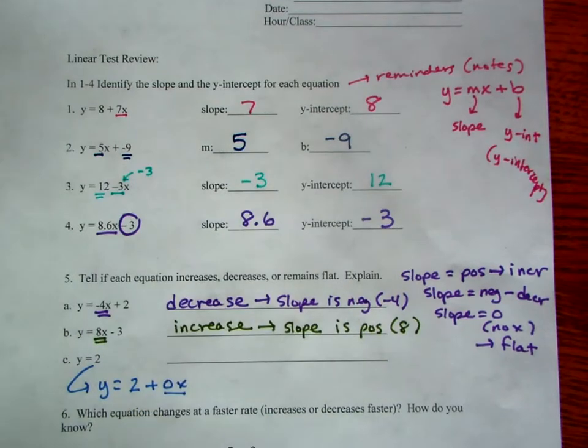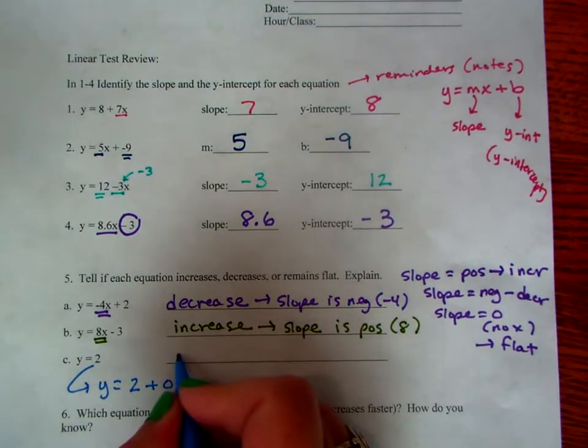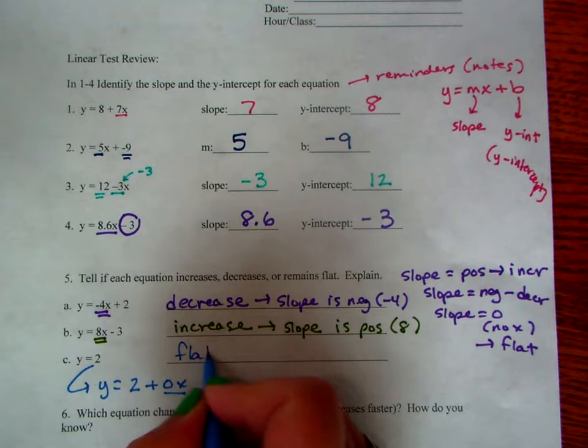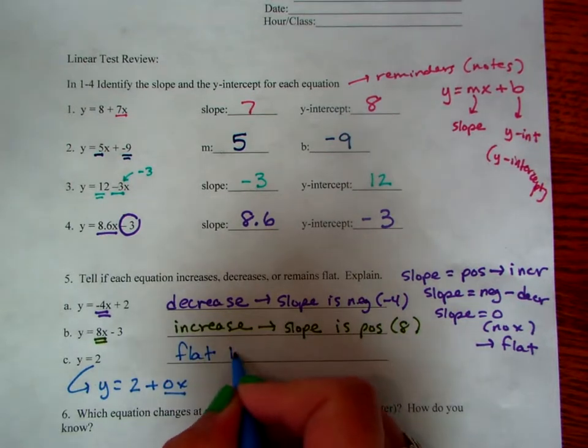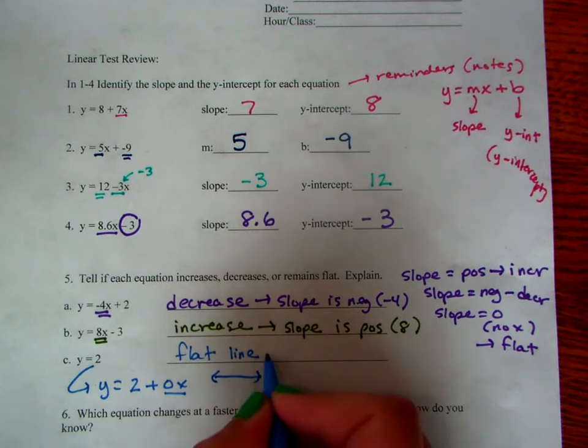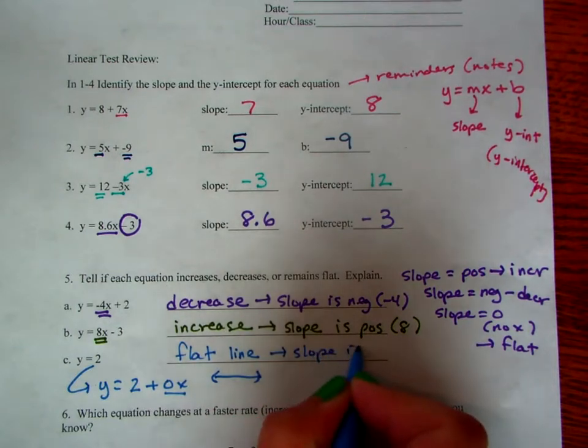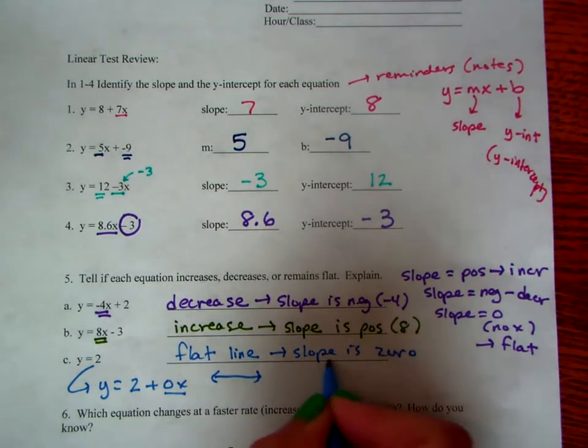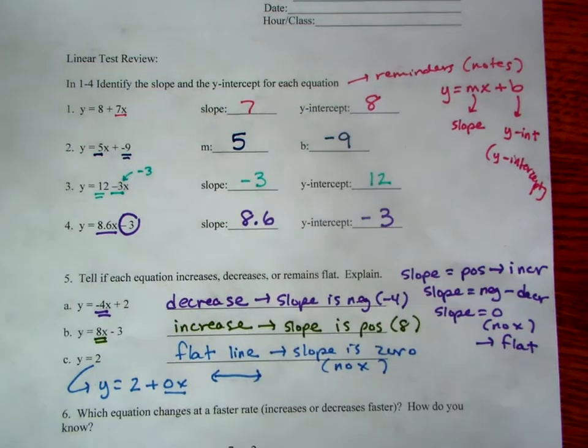So it's not that there's no slope, the slope is 0, so it's a flat situation. Flat line, kind of like that. That's the kind of line it is because the slope is 0, or you could say you don't see an x there.